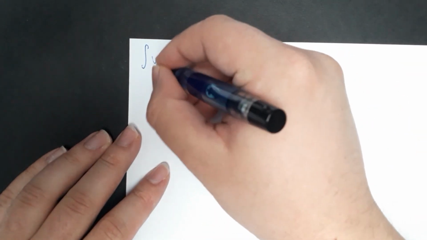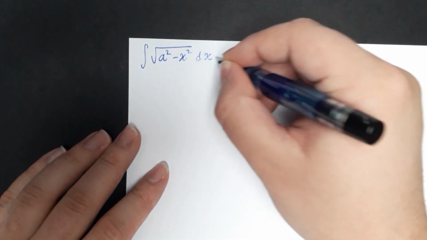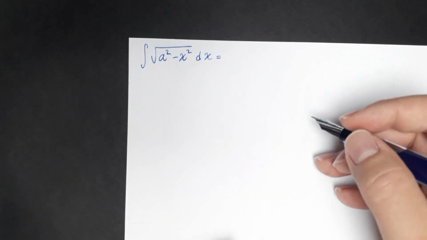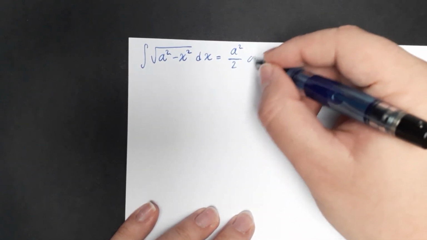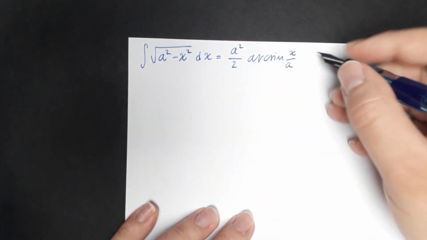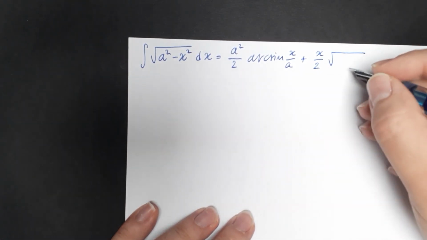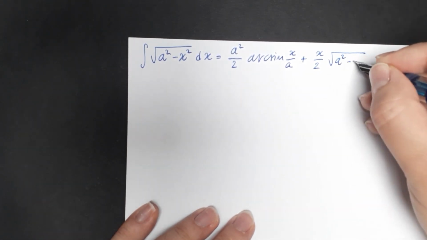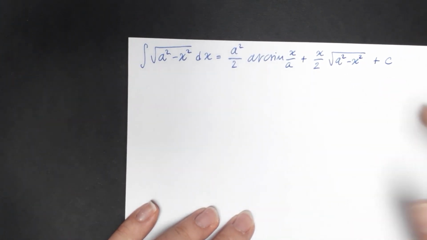And now we finally get that the integral of the square root of a squared minus x squared dx is equal to a squared over 2 arcsine of x over a plus x over 2 times the square root of a squared minus x squared plus c, where c is a real number.